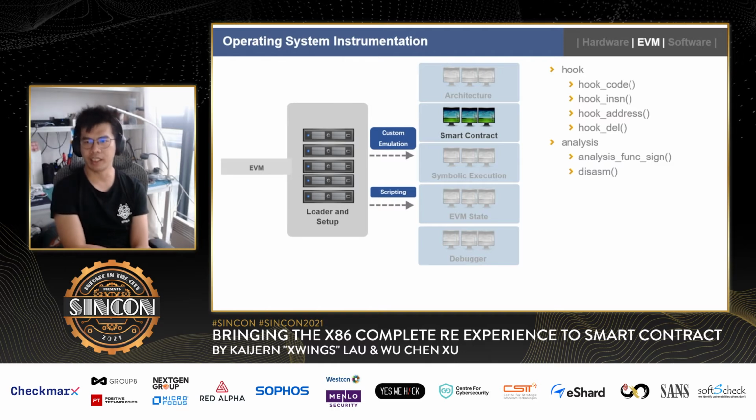Then inside the smart contract is where you are able to put in the hook. You can hook on an instruction, on a specific address, or on a specific bytecode that you are looking at, and then you can start to do a disassembly function, or the analysis function signature.